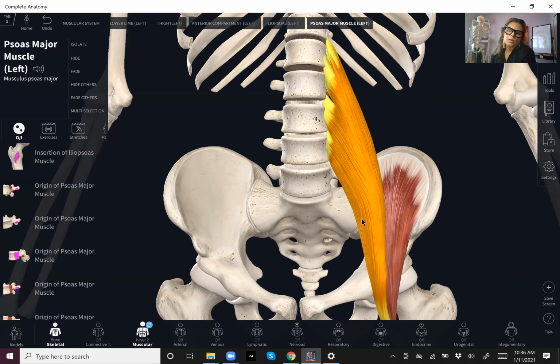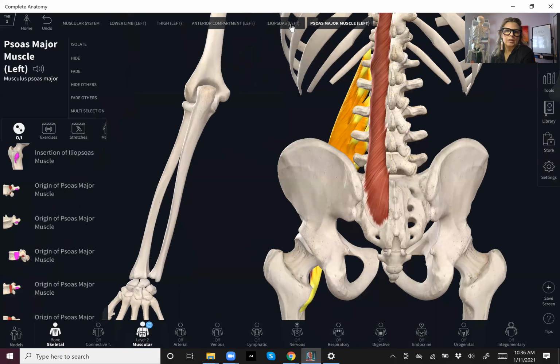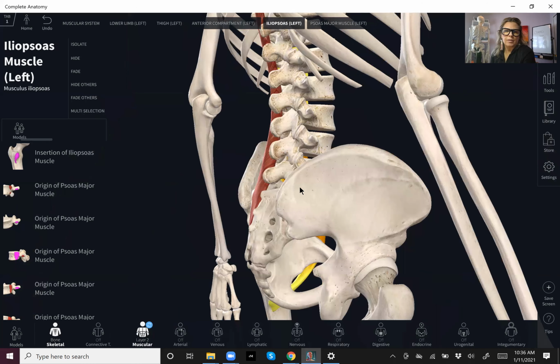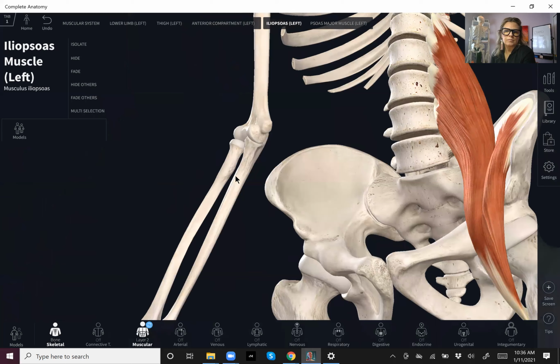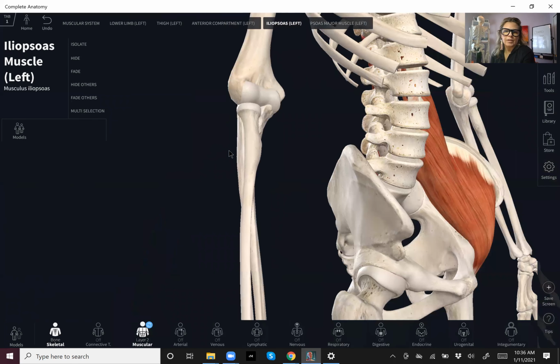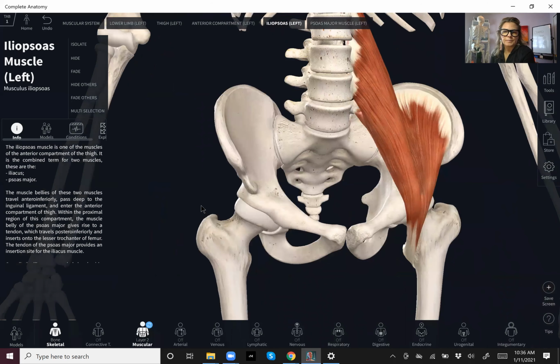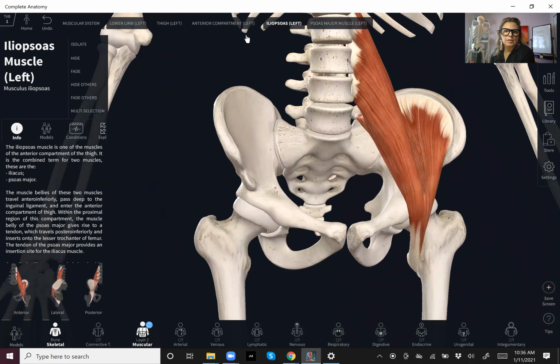Now this is also the muscle itself. Here we go. I can highlight the iliopsoas for you. There we go. Let's turn that back around. So everything will get highlighted now. There we go.